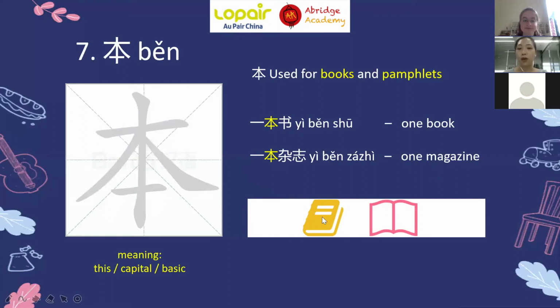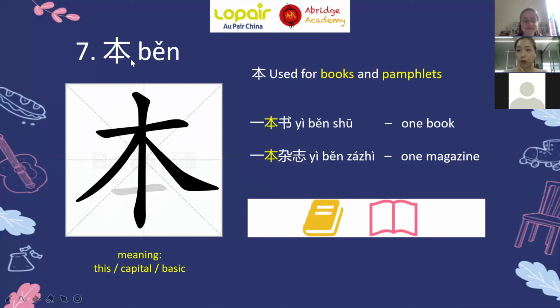So only for a lot of paper bound together do we use this measure word. Okay, 本 is the third tone, going down, 本. All right.